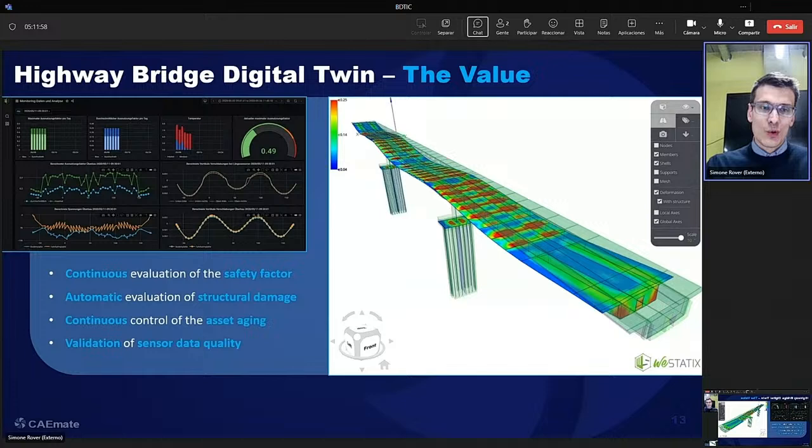And this is quite sensational if we consider that the structure turned out to be 33% stiffer than the design value. So our system discovered a strong discrepancy between the design and the built structure.